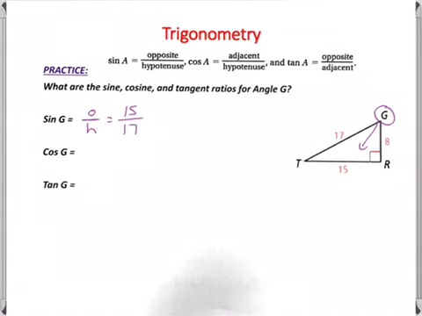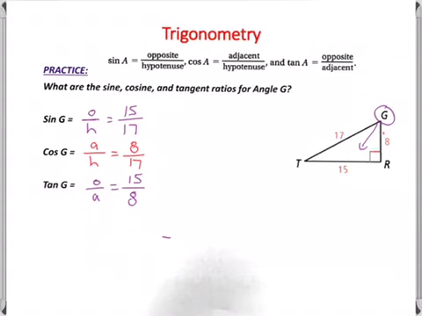Cosine, adjacent over hypotenuse. Your adjacent side would be 8. Your hypotenuse is 17. And then tangent of G is going to be opposite over adjacent. So opposite would be 15, adjacent would be 8. And these are our trig ratios.